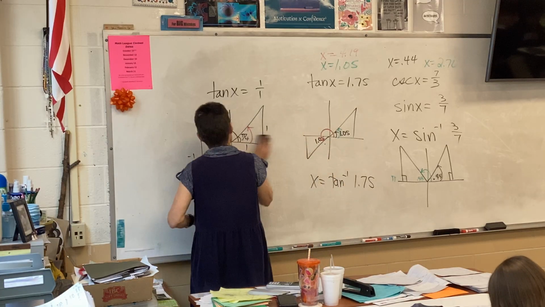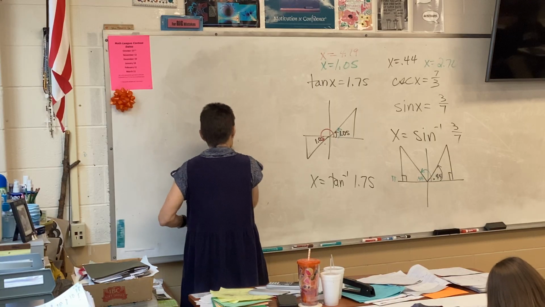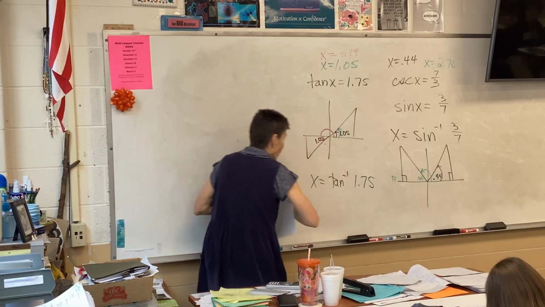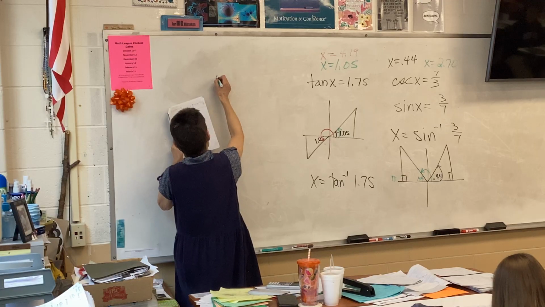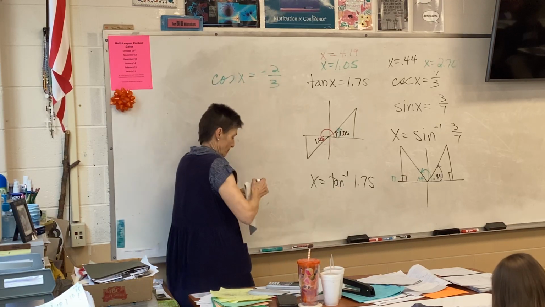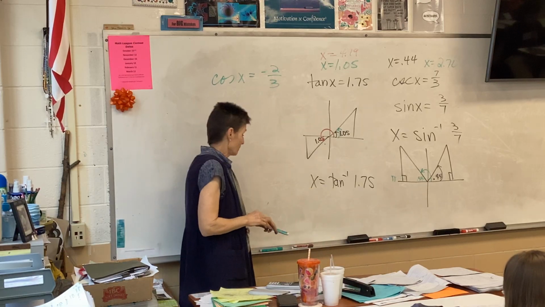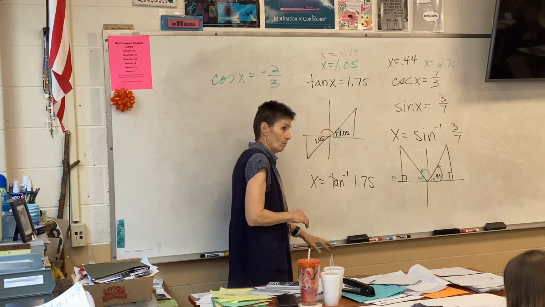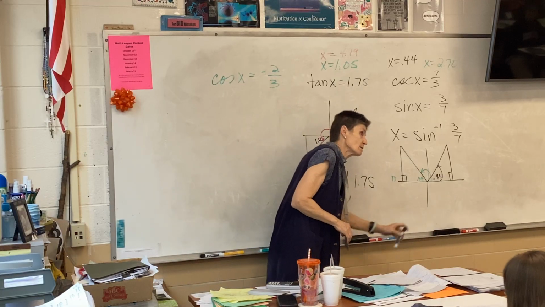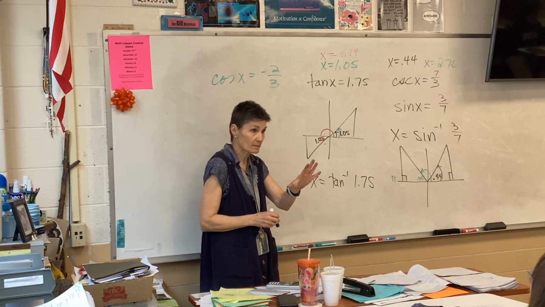Again, I do not think in terms of secants. So I am going to think of this problem as the cosine is negative 2/3. That's how I'm going to think of this problem. Now, where is the cosine? That's adjacent.